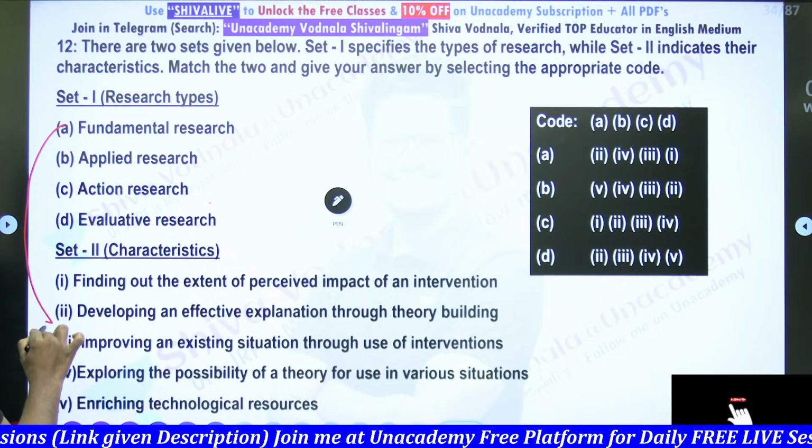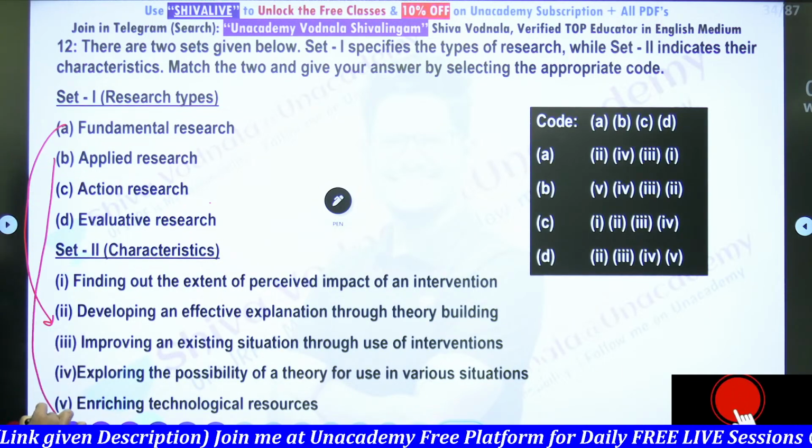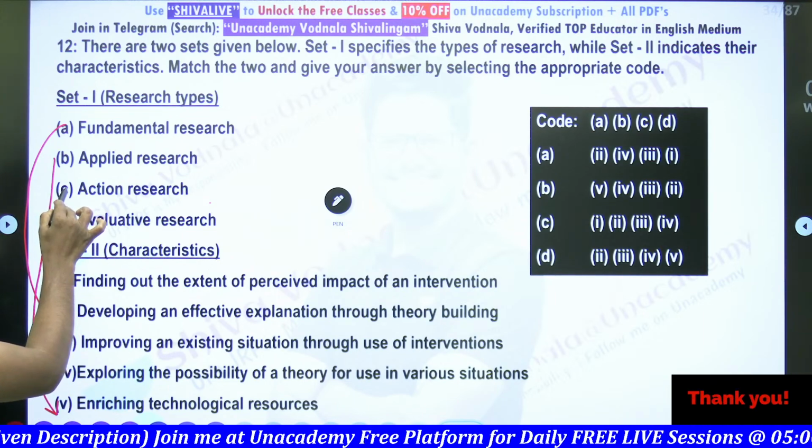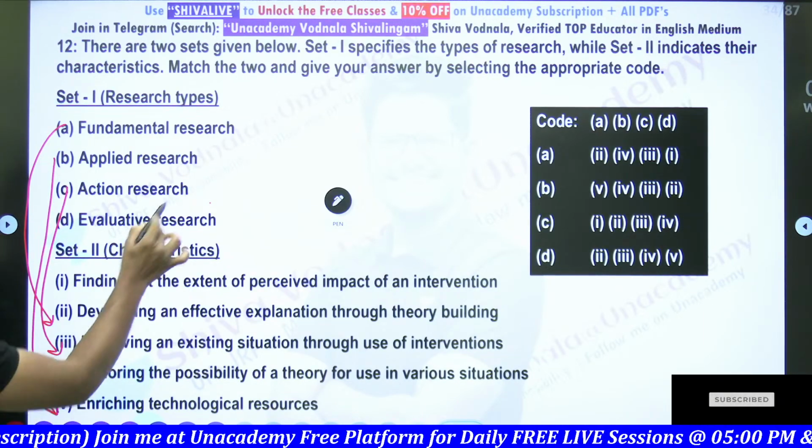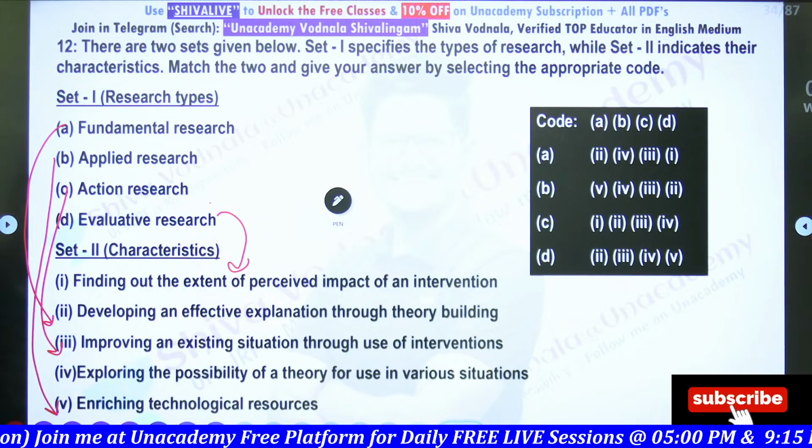A is 2 and B is 4, C is 3 and D is 1. Right?